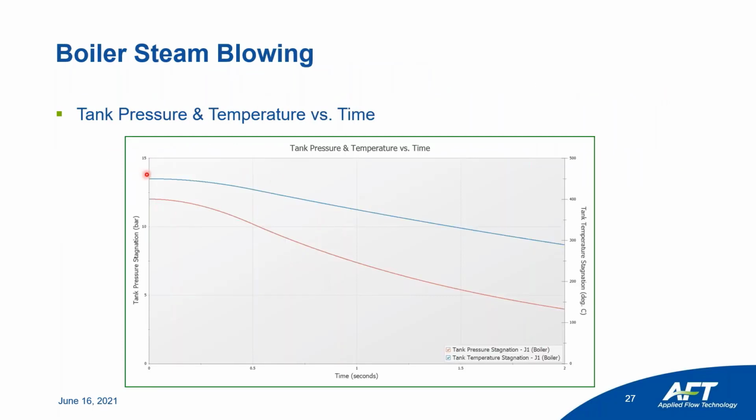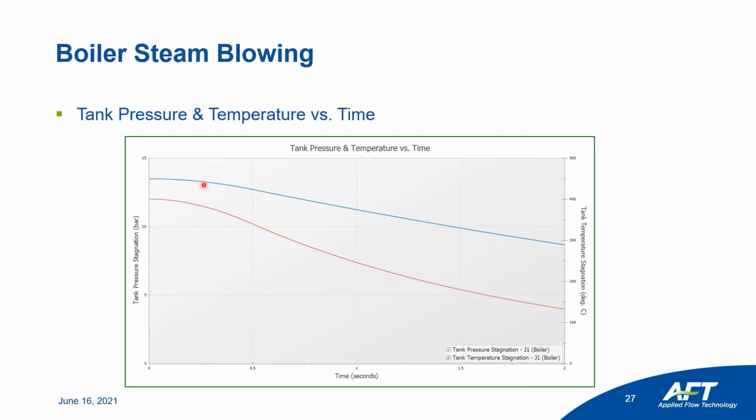One of the things that's interesting when you're performing a steam blowing operation is to observe how tank pressure and temperature change, and how long it takes. So here we have a graph of pressure, how it changes in time.